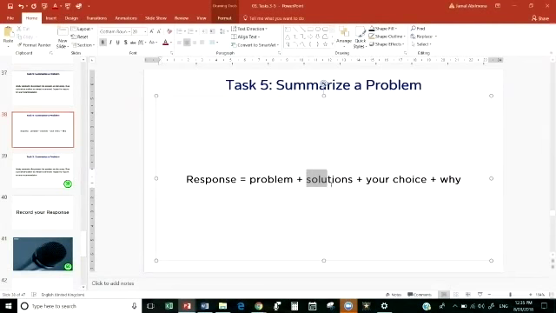And then your solution is going to be your next thing that you really want to listen and pay attention to. So that's what your notes are going to be about, the problem and the 2 solutions. Then in the 30 seconds preparation time, you're going to look back at your solutions and think about which one you're going to talk about or choose and why you would choose that.